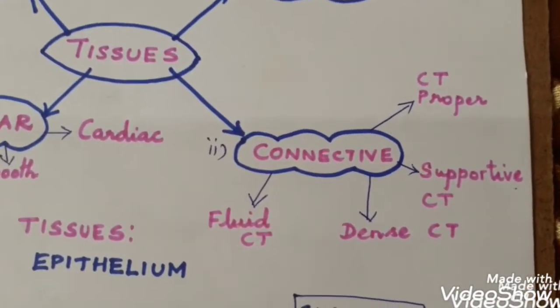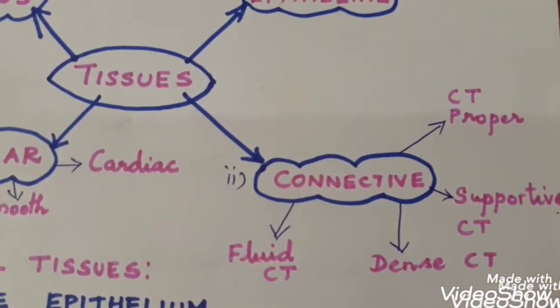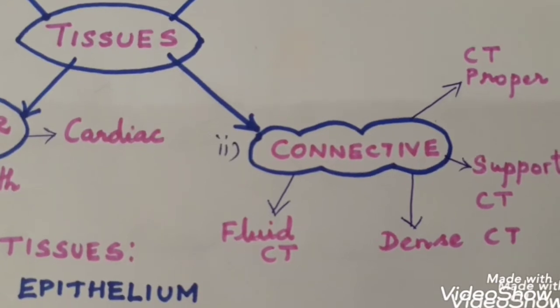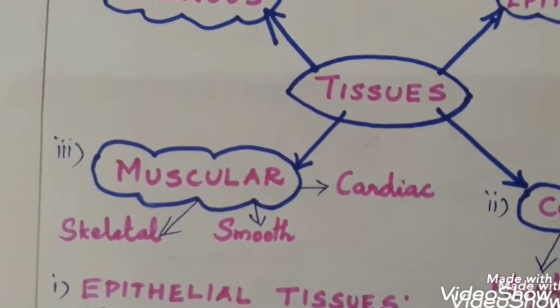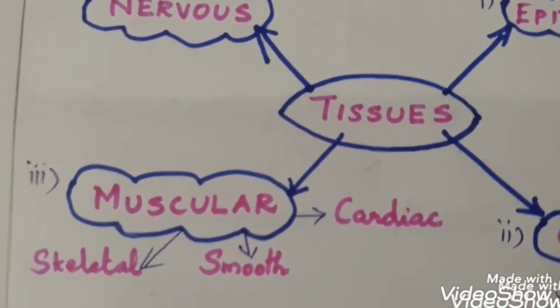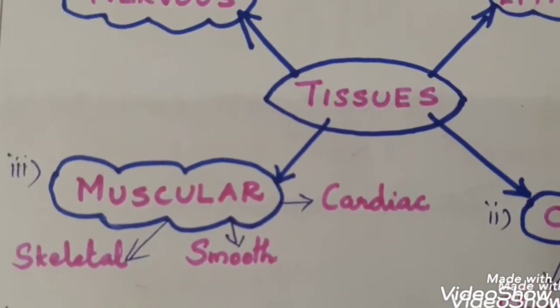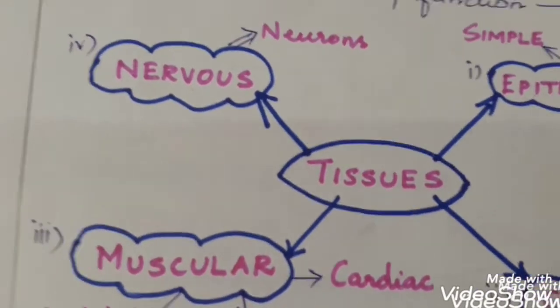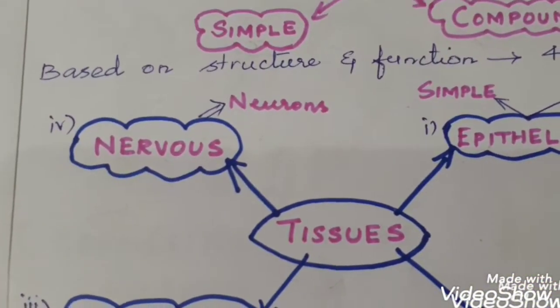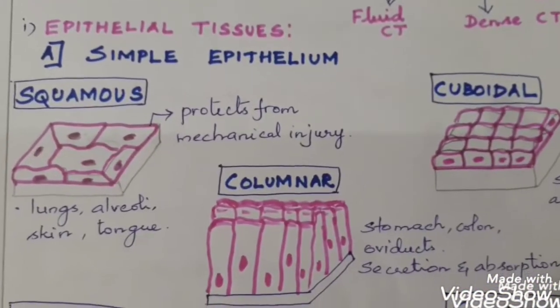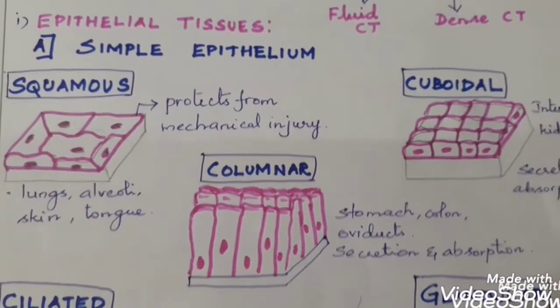Connective tissues are divided into connective tissue proper, supportive connective tissue, dense connective tissue, and fluid connective tissue. Muscular tissues are differentiated into skeletal muscles, smooth muscles, and cardiac muscles. Nervous tissues are made up of neurons. They form the nervous system. Now we'll see in detail about simple epithelial tissues.